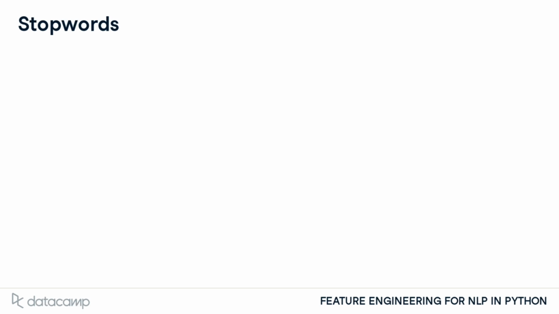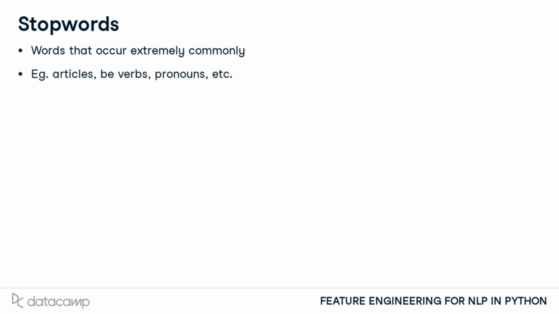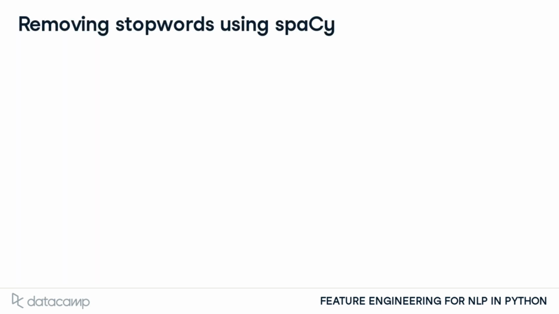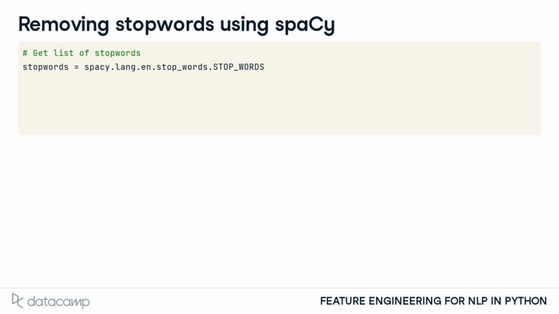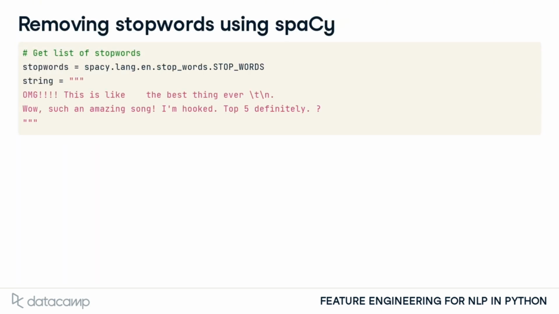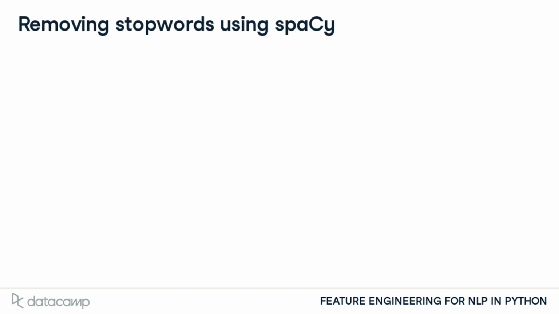There are some words in the English language that occur so commonly that it is often a good idea to just ignore them. Examples include articles such as a and the, be verbs such as is and am, and pronouns such as he and she. spaCy has a built-in list of stop words which we can access using spacy.lang.en.stop_words.STOP_WORDS.